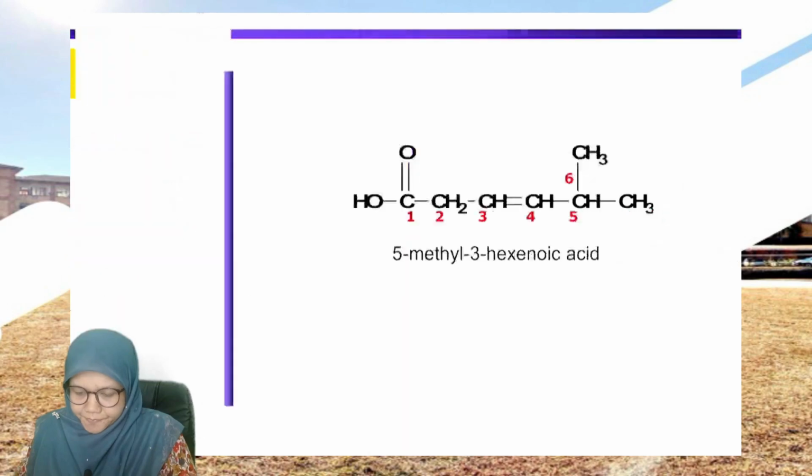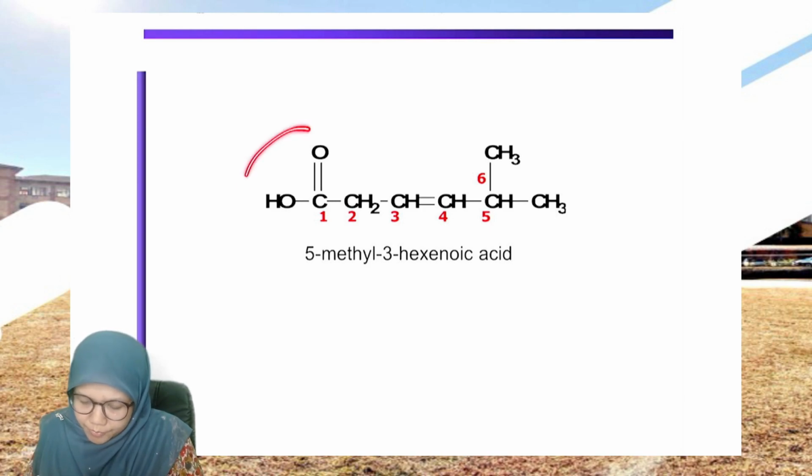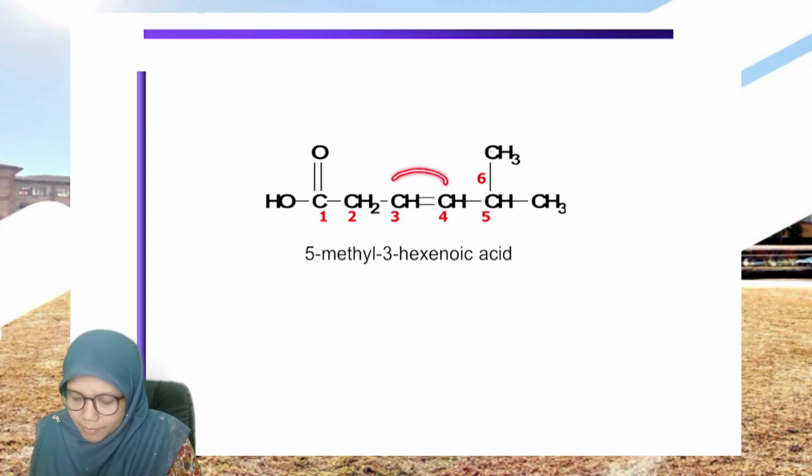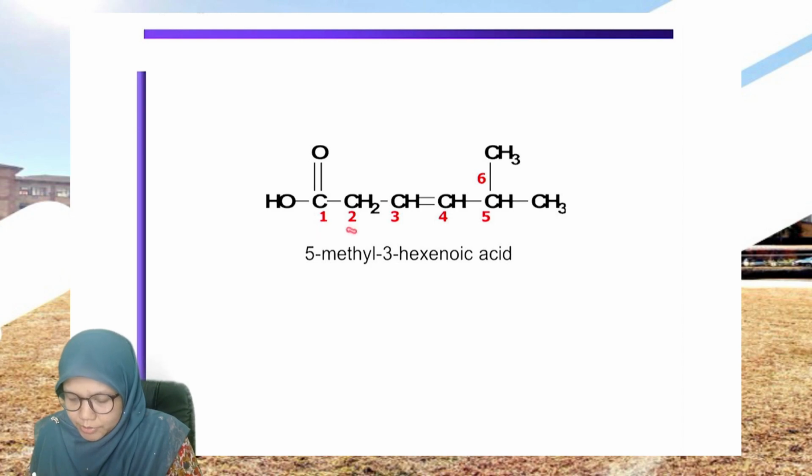Alright. Refer to example number 2. Here, we have carboxyl group and also carbon-carbon double bond functional group. Remember, carboxyl group is going to be parent. So, here will be carbon number 1, 2, 3, 4, 5 and 6.